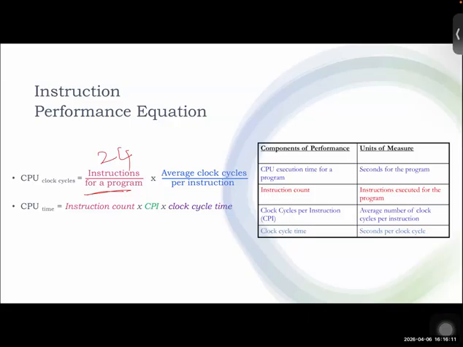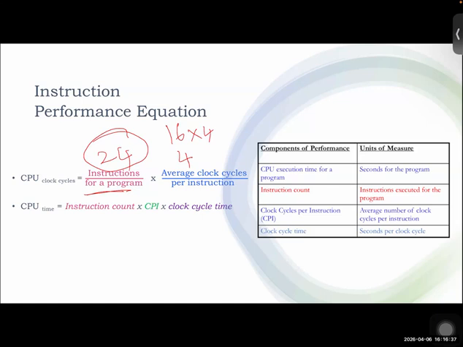Let us assume the average clock cycles per instruction for memory instructions is 4. So out of 24 instructions, if 16 are move instructions, they are multiplied with 4, and that gives the clock cycles.